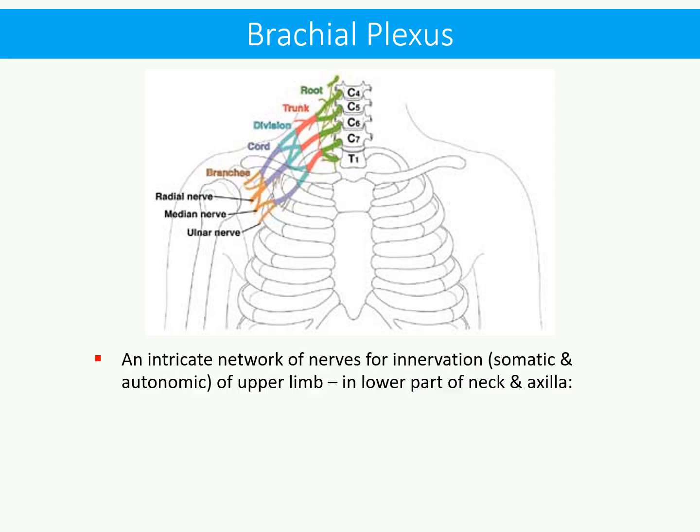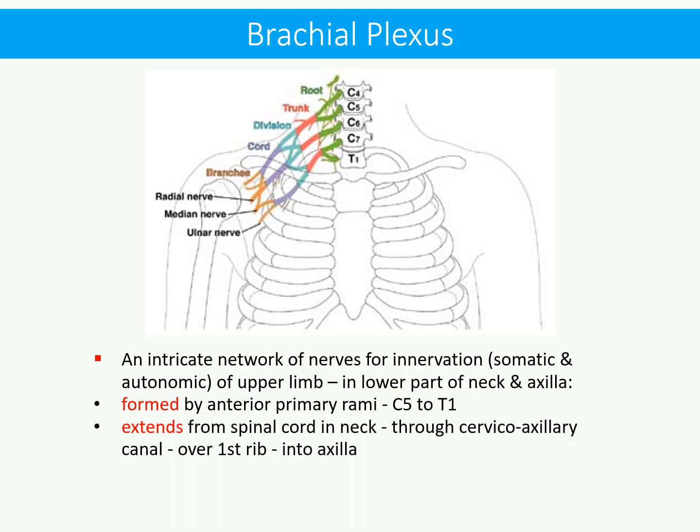Now the brachial plexus. It is an intricate network of nerves for innervation of upper limb and is present in the lower part of the neck and in axilla. It is formed by anterior primary rami of cervical fifth segment to thoracic first segment.